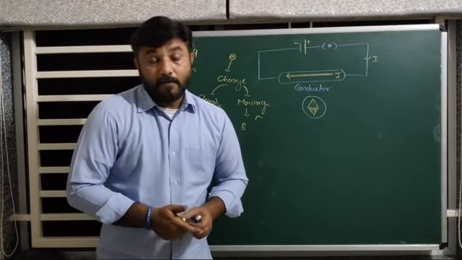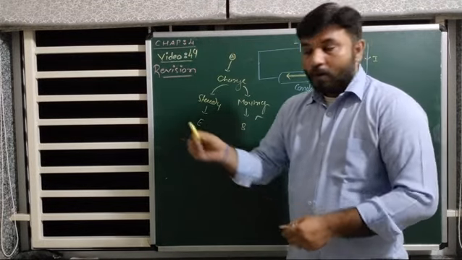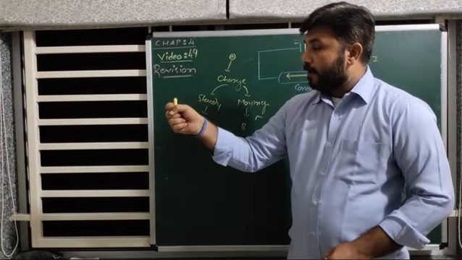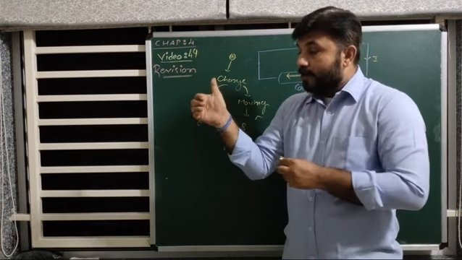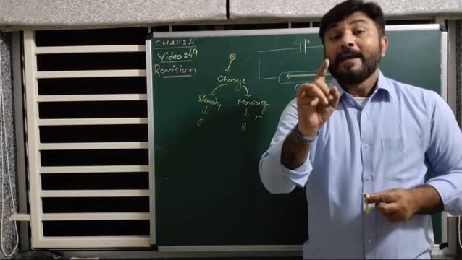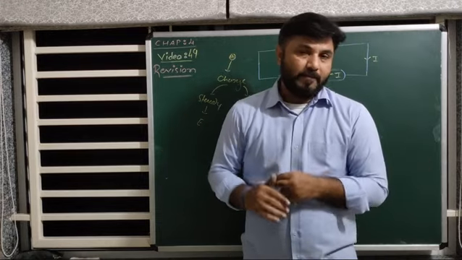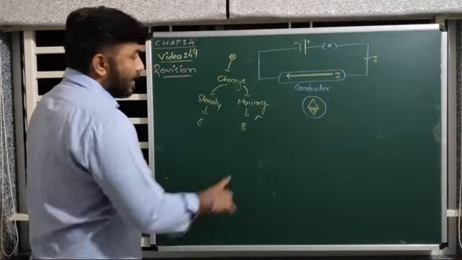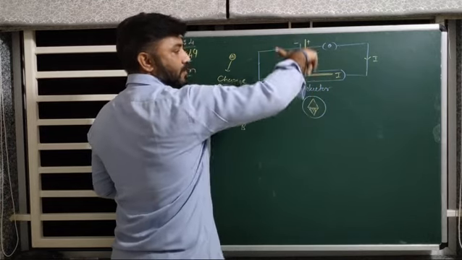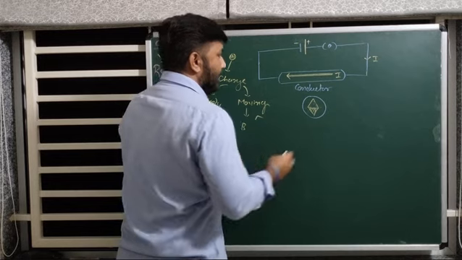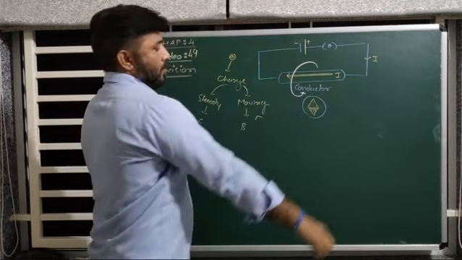Clear? And what is the direction of the magnetic field? We know the right hand thumb rule. Hold the conductor in your right hand, point the thumb in the direction of electric current, and the fingers wrapped around the conductor indicate the direction of the magnetic field. So here electric current is in this direction, and magnetic field lines will be produced like this. Got it?